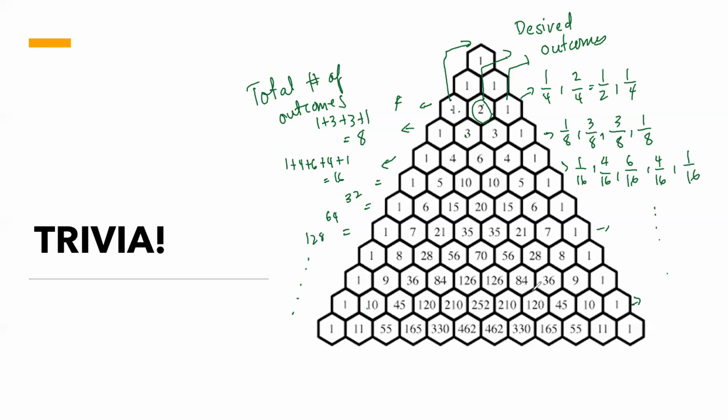Then the sum of all numbers will be the denominator to find the probability for each value of the random variable. So this Pascal triangle can be used as a guide wherein you're going to construct a probability distribution.